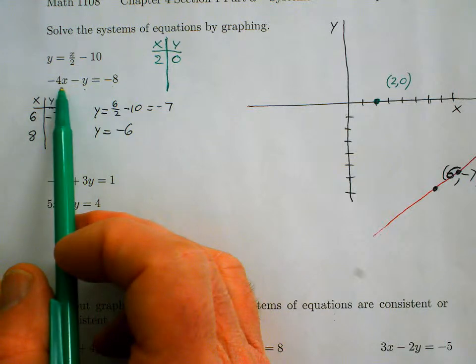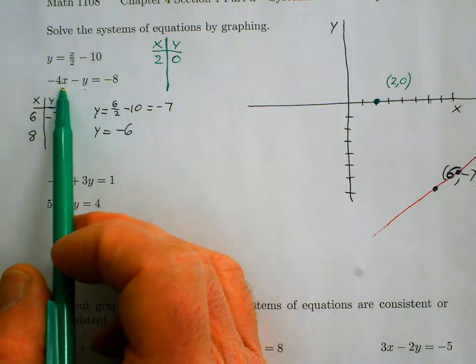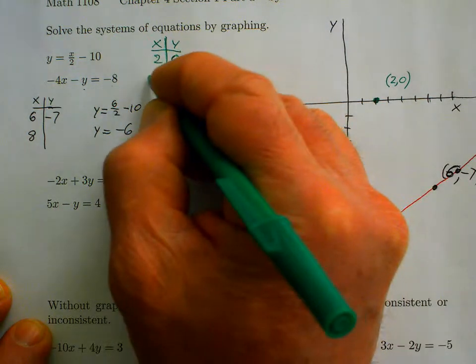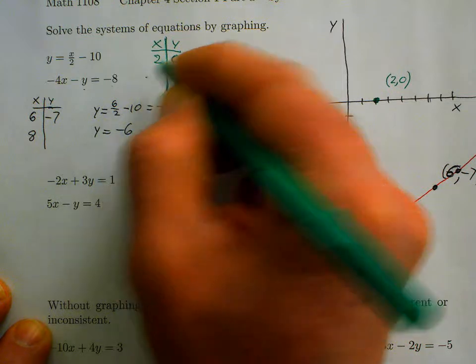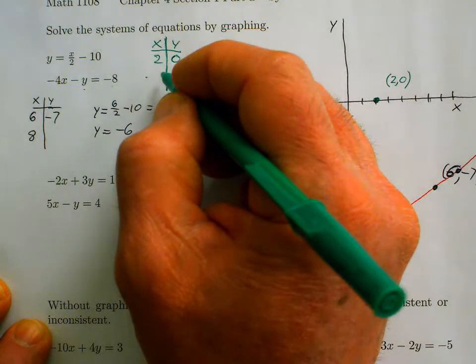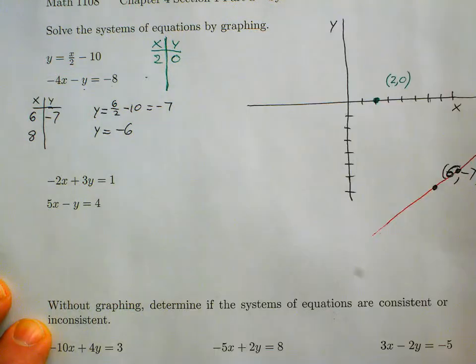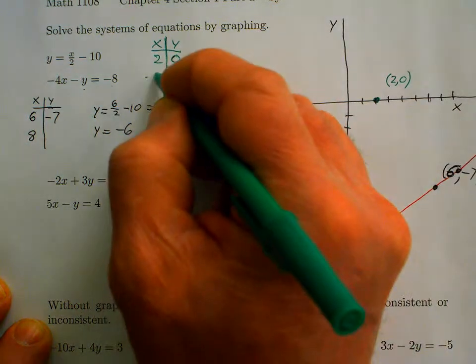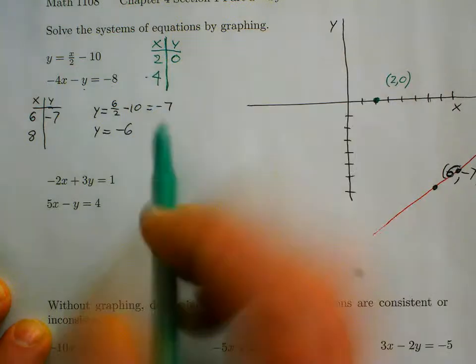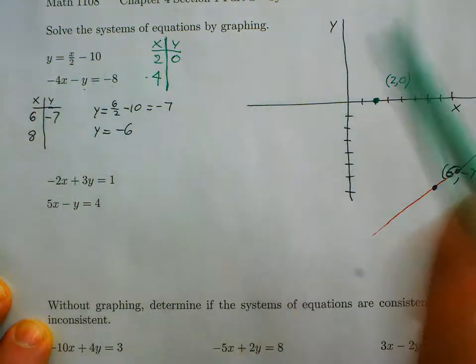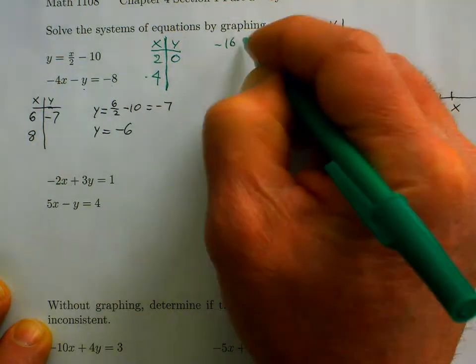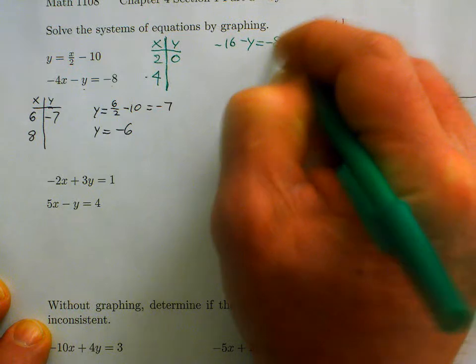Let's see, how about x equals, say, negative 2. Let's see. No, I'm going to change my mind. X equals 4. So if x is 4, negative 4 times 4 is negative 16, minus y equals negative 8.